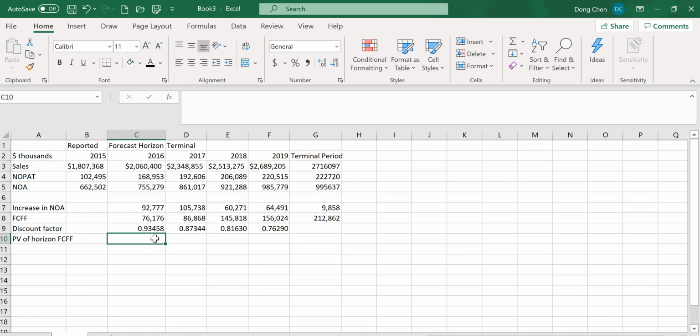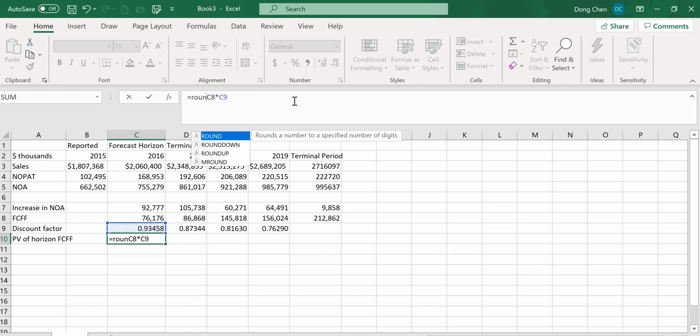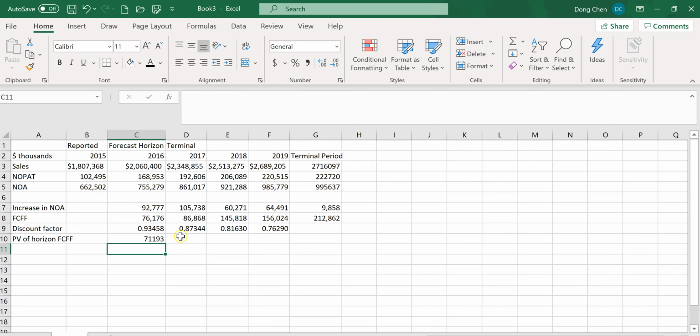So this is just going to be multiplying the FCFF by the discount factor, right? Then I need to follow the rounding requirement, round to 0 decimal places. So do that for all these years.